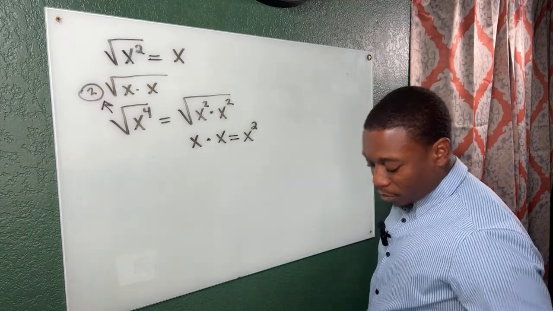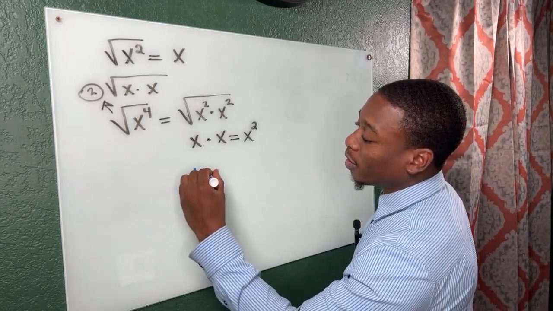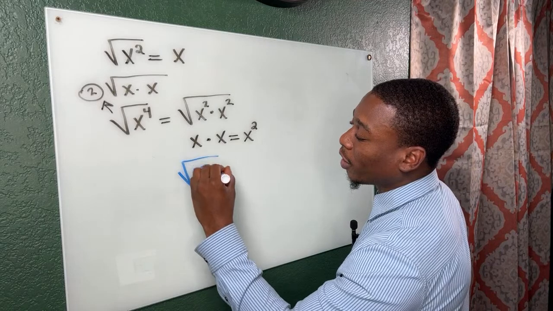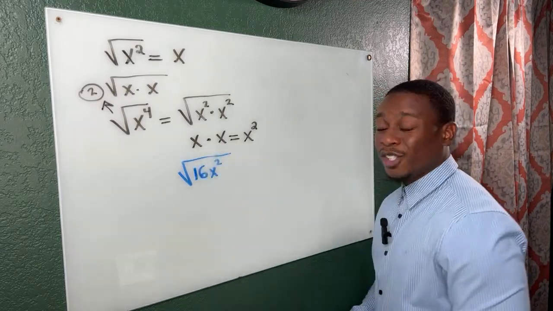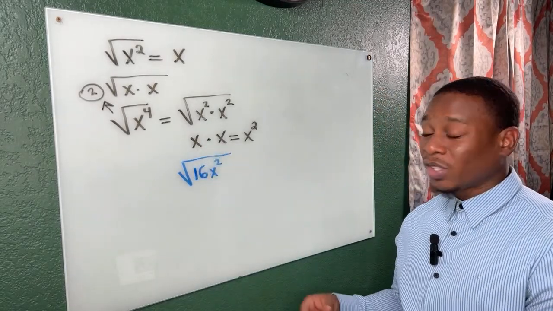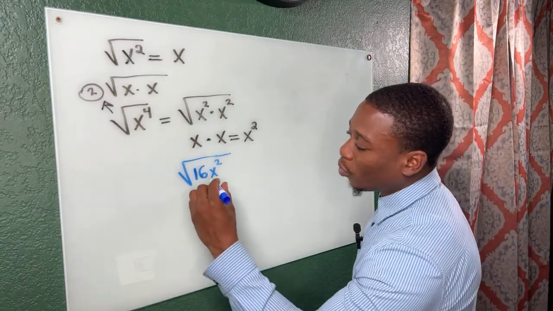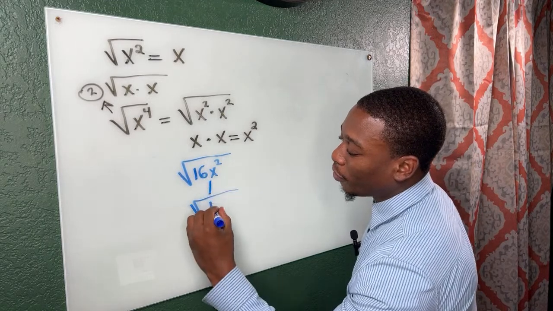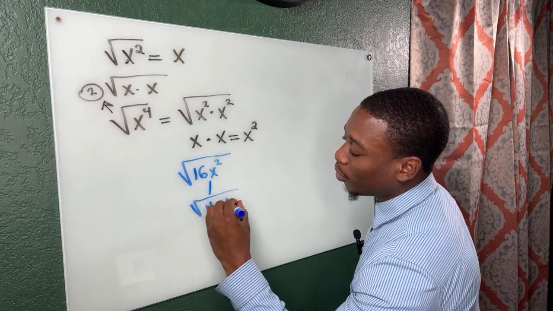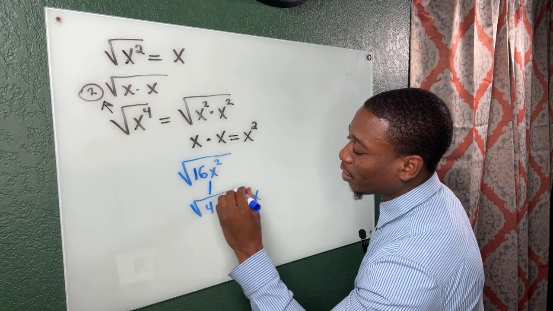So our first example, we have the square root of 16x squared. Even though it's variables, guys, it follows the same exact format. When we look at this, we have 4 times x times x.